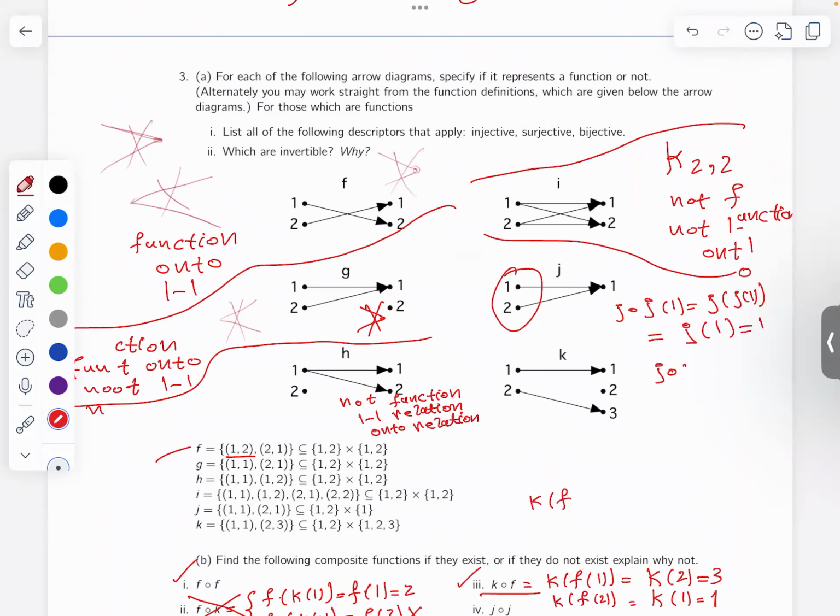Now, j o j of 2 is j of j of 2. j of 2 is 1, and j of 1 is 1. So this is definable.